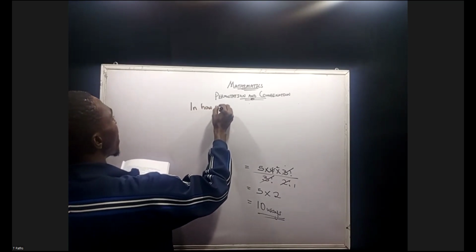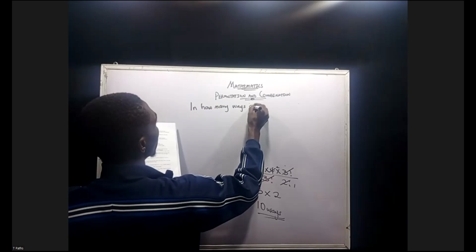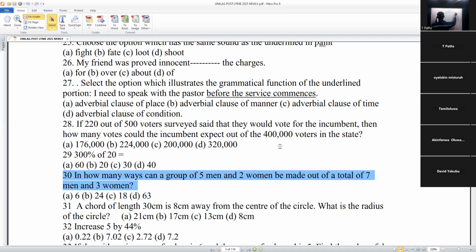In how many ways can a group of 5 men and 2 women be made out of a total of 7 men and 3 women?